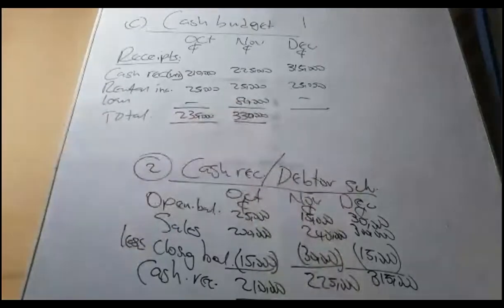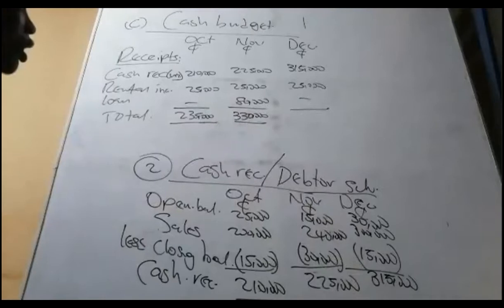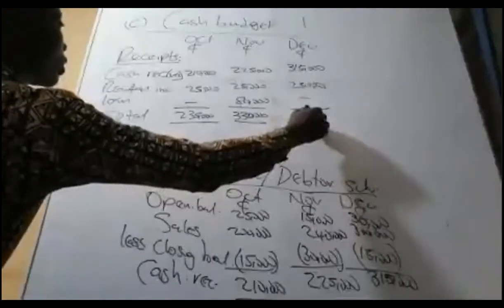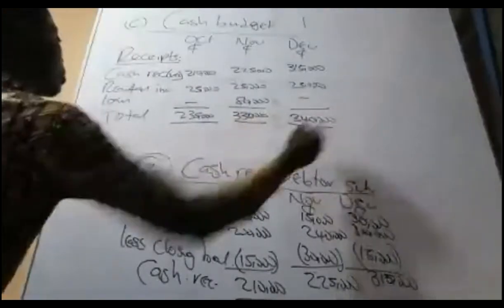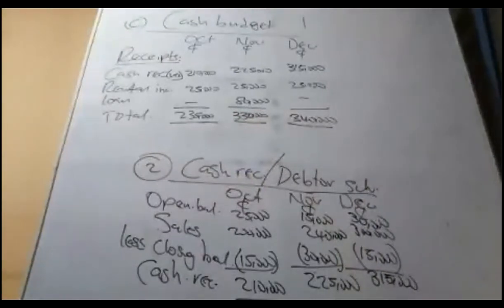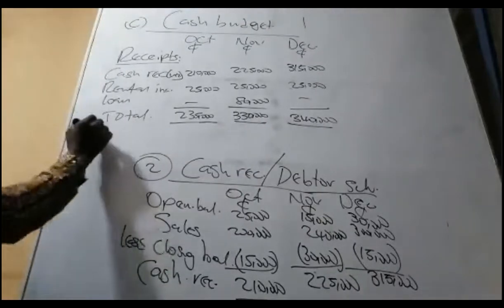Just align it once. Then 340,000. Great. You are done. What do you do again? Let's go to the payments.